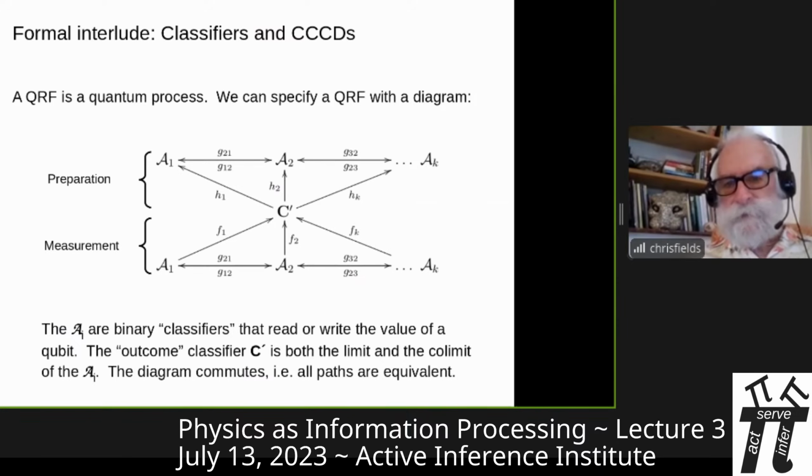It assumes that whatever's in the middle, which is here called C prime, is the most general thing that the inputs can give information to, and the most general thing that can give information to the outputs. And most general here has a category theoretic definition.